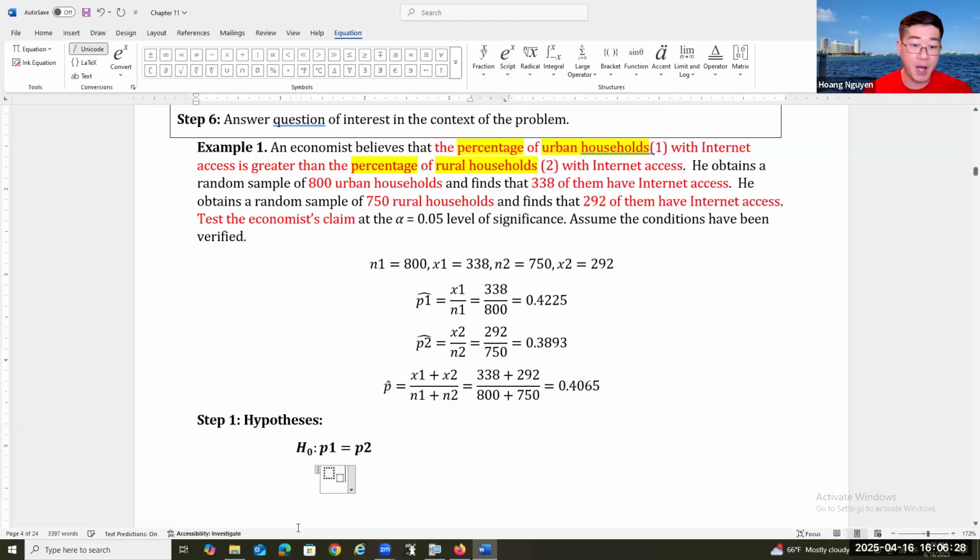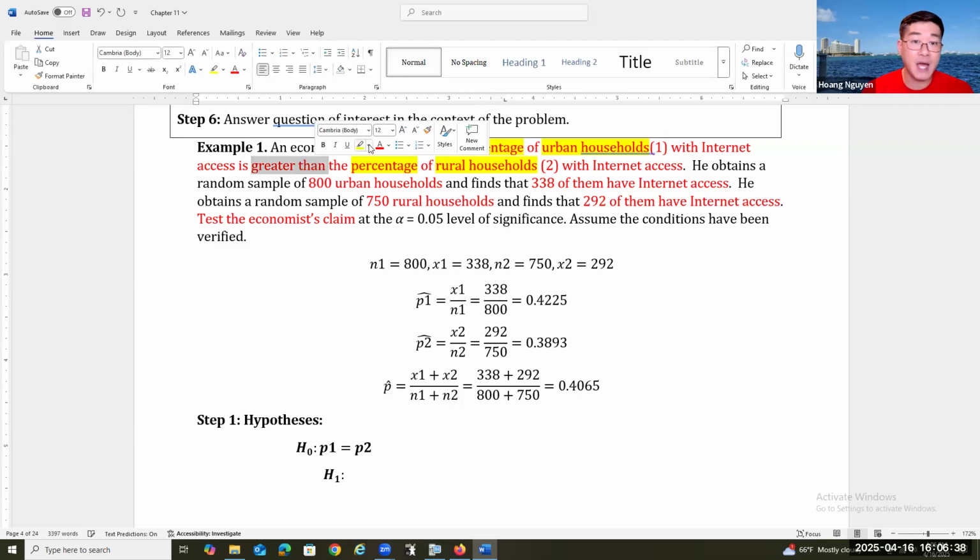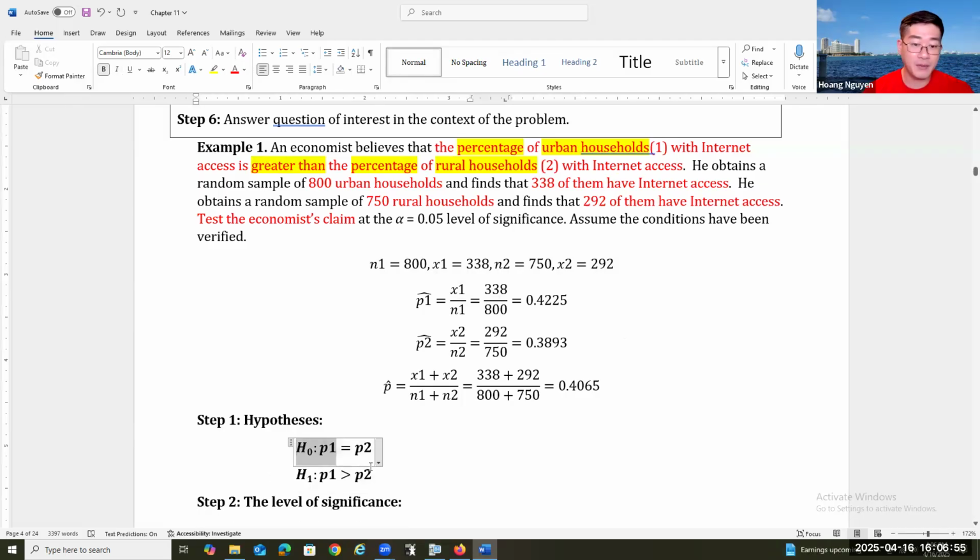For the alternative hypothesis, what should be the inequality we're going to use then? So the urban household with internet access is greater than the rural household with internet access. So the urbans will be number 1 and the rural is going to be number 2. So urbans is greater than, so it's going to be P1 greater than P2. So that's going to be the hypothesis, right?